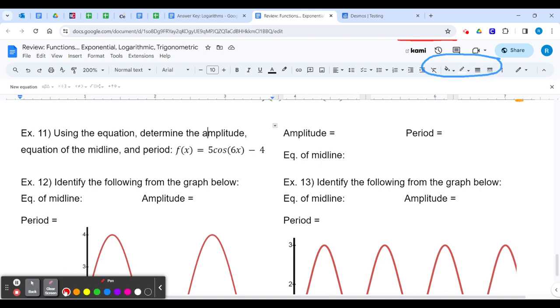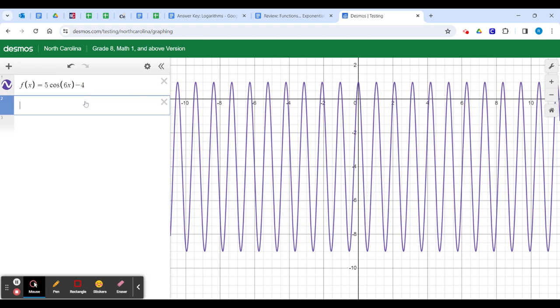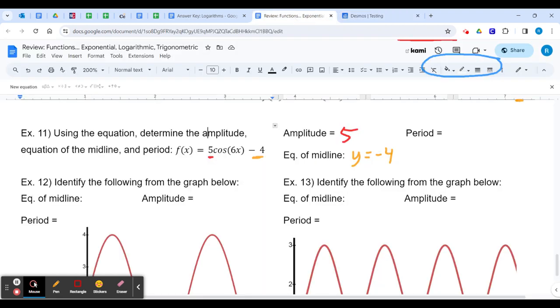Our amplitude is just that a value out in front, so it's 5. The equation of the midline is tied to this shift here, so y equals -4. And if I throw that on our graph, check this out. If I throw in a separate line, y equals -4, notice how it creates a nice line of symmetry there on our graph. And finally, the period, we're going to need to calculate that.